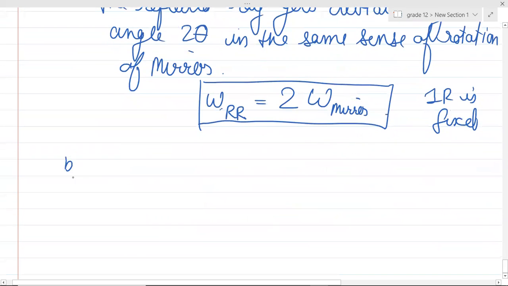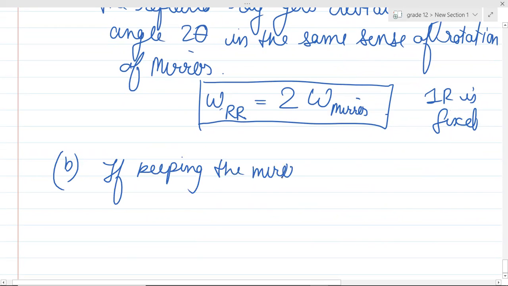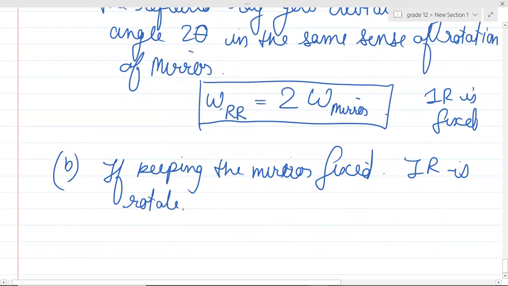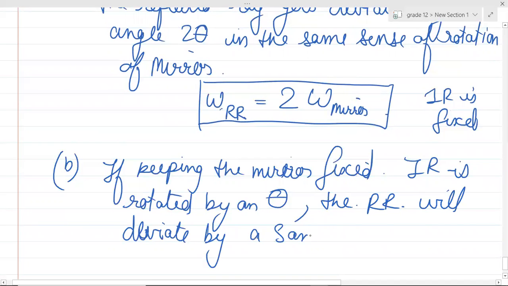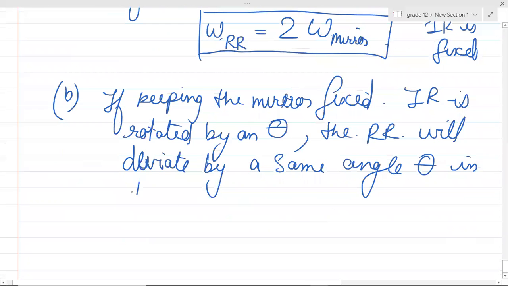Now suppose keeping the mirror fixed, the incident ray is rotated by an angle theta, then the reflected ray will deviate by the same angle theta in the opposite sense.